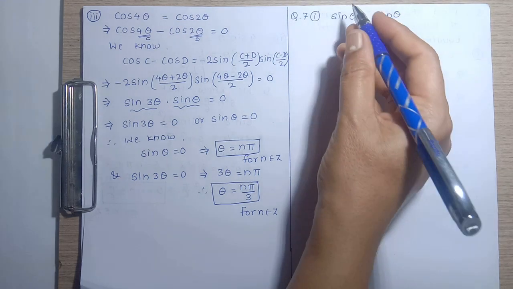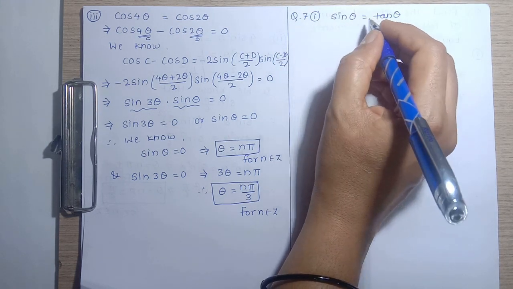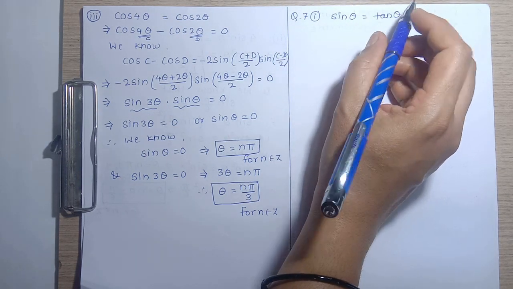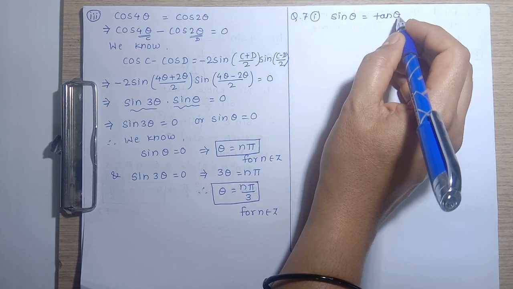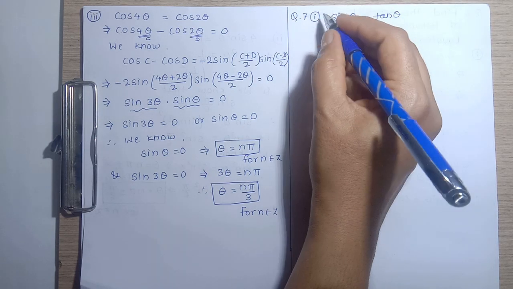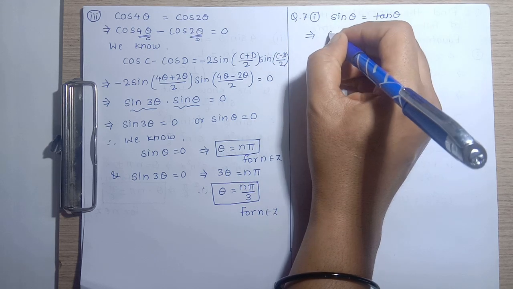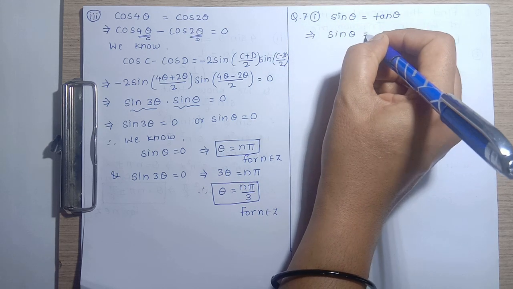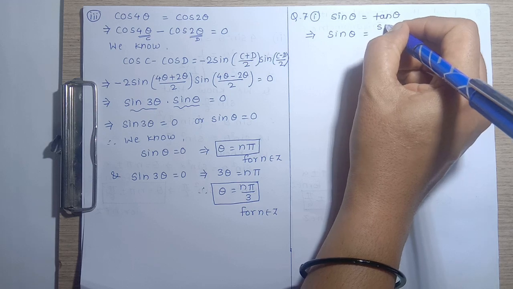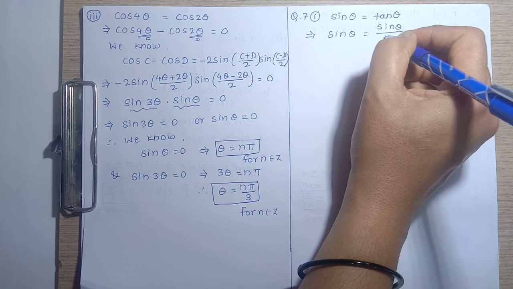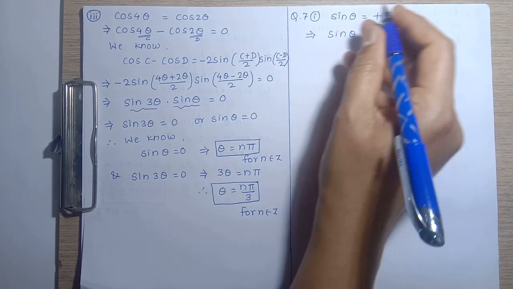Now we see the next question: find the general solution of the trigonometric equation sin theta is equal to tan theta. This can be written as sin theta is equal to, instead of tan theta, we write sin theta divided by cos theta.